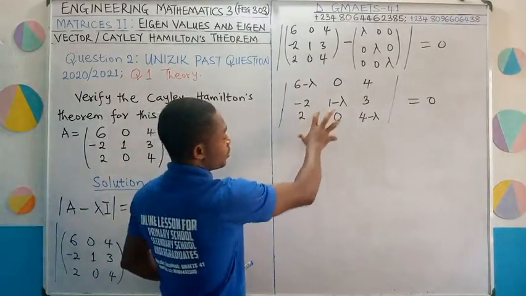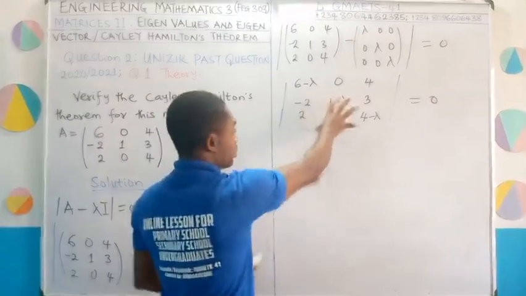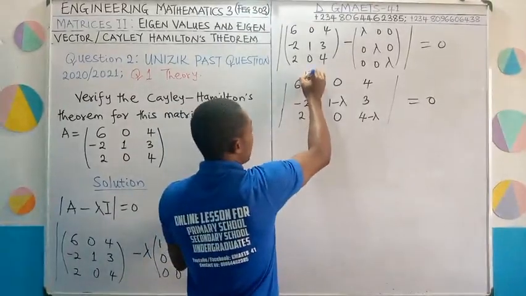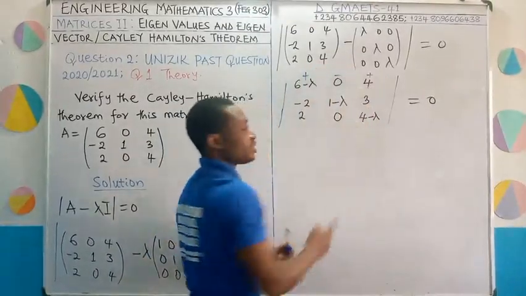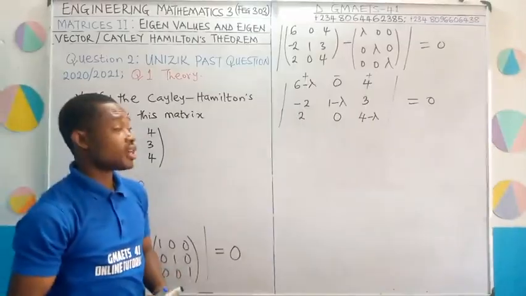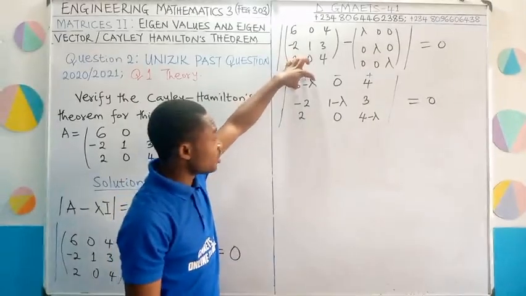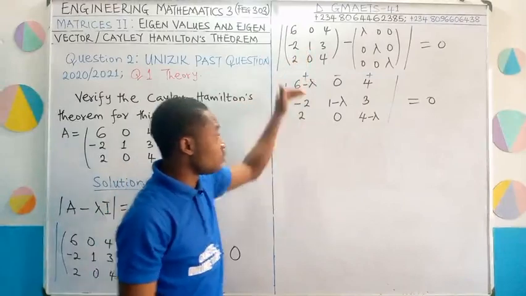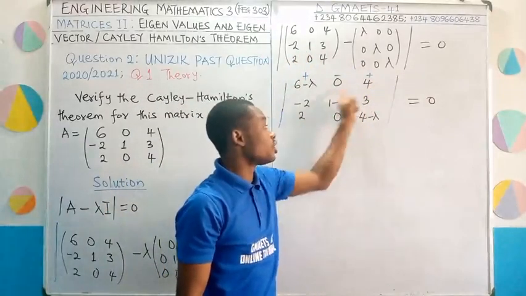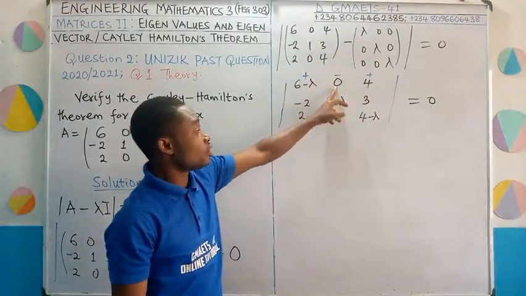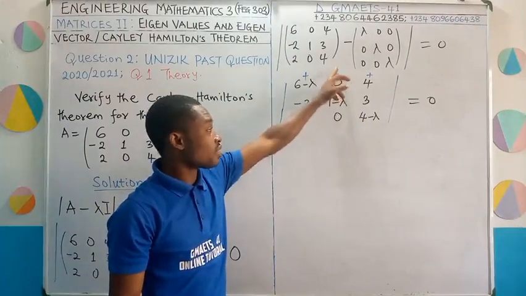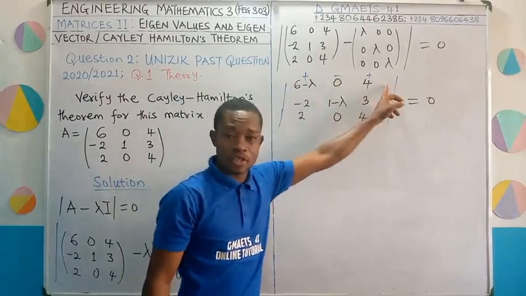Alright, now we're going to proceed to obtain the determinant of this matrix. And so I'll put plus, minus, and plus. I'll be fast in obtaining the determinant. You know how we do that? This is a 3 by 3 square matrix. So we pick this term, keep it constant, delete the column, delete the row, find the determinant of the 2 by 2 square matrix that will be left. Do the same for this 0, pick it as constant, delete its column, delete its row.